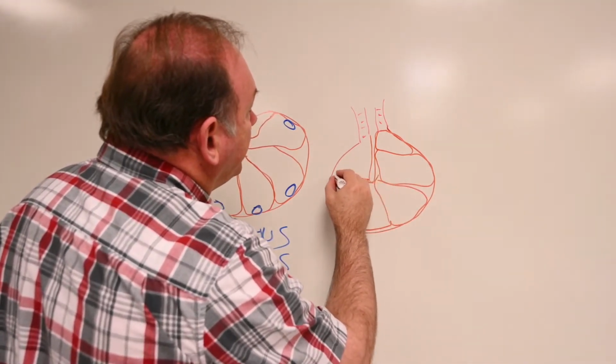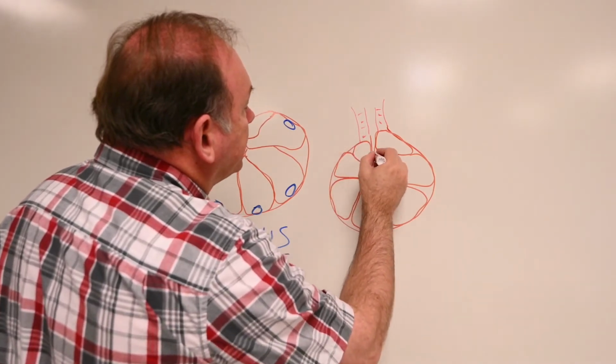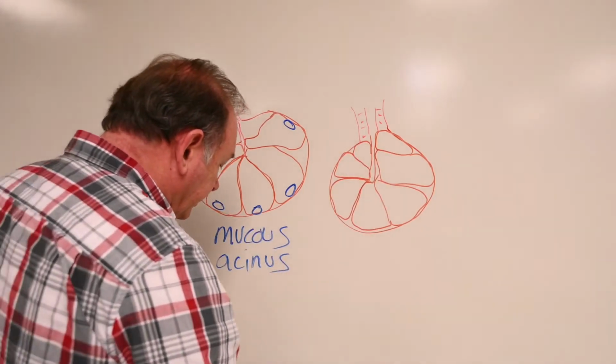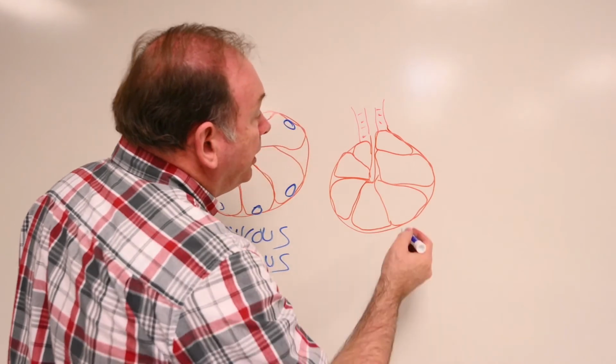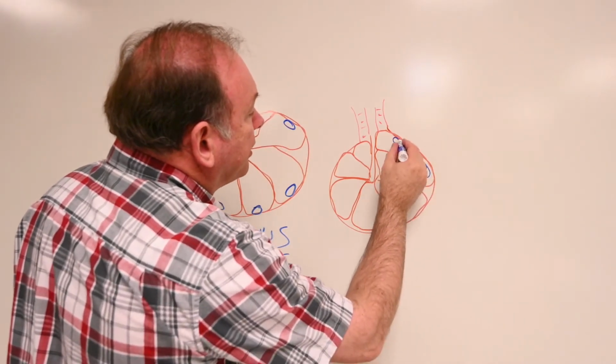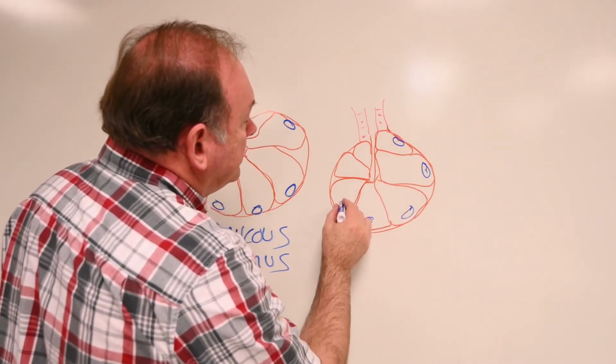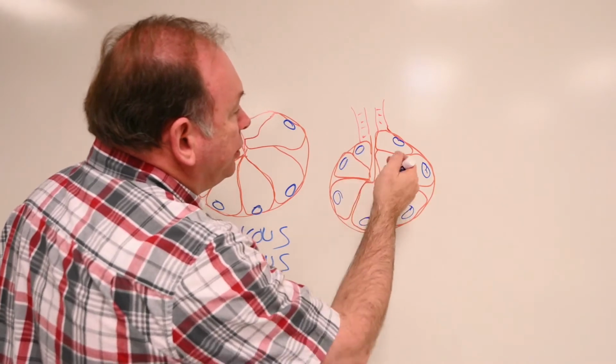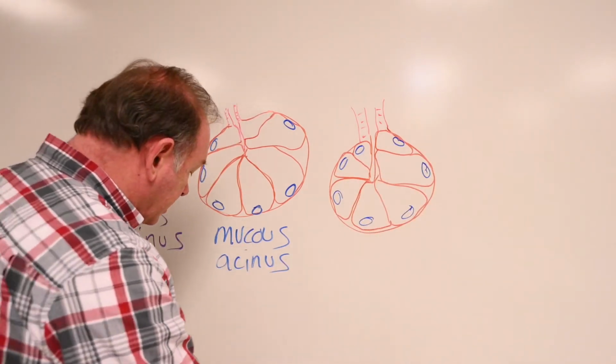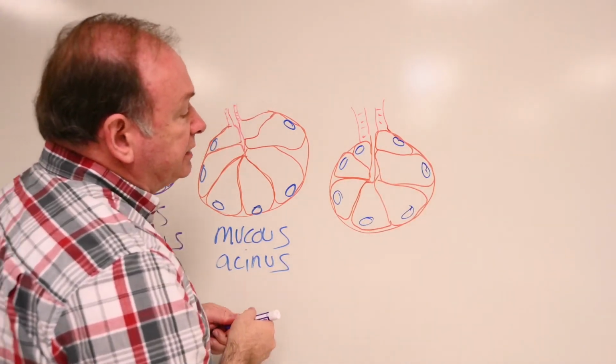And between these mucous cells, originally there were some serous cells. But as the preservation process occurs, the serous cells get pushed to the outside of the mucus secreting cells.